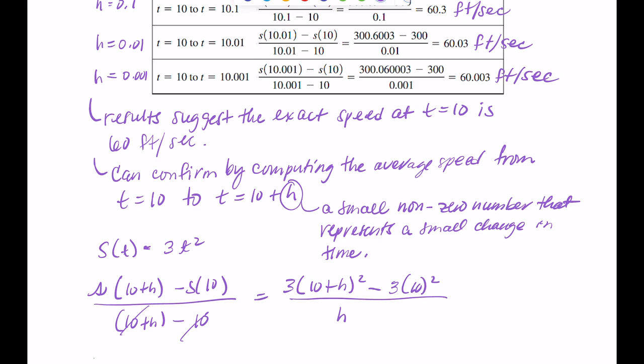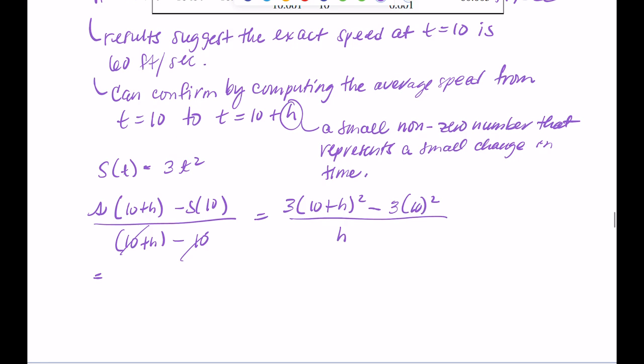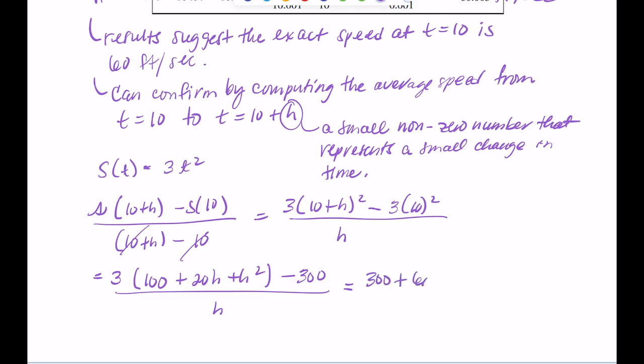Then I'm going to expand 10 plus h squared. That would just be 10 plus h times 10 plus h, which gives me 100 plus 20h plus h squared. And then 10 squared is 100, times 3 is 300, all over h. Then I would distribute through and I would get 300 plus 60h plus 3h squared minus 300, over h.